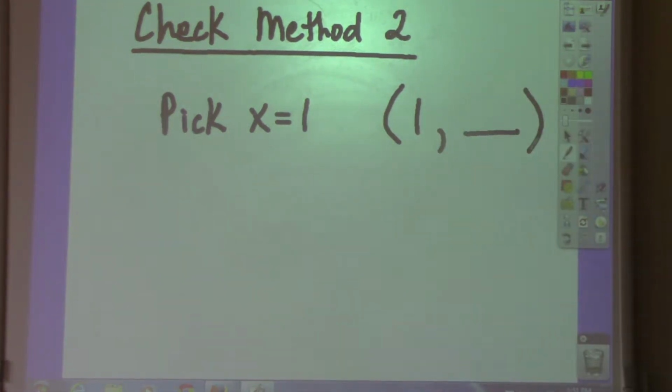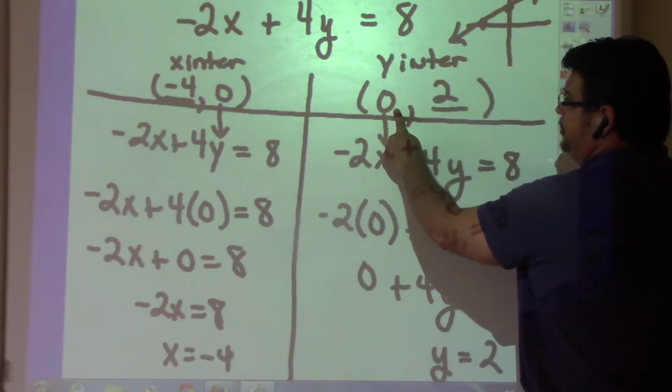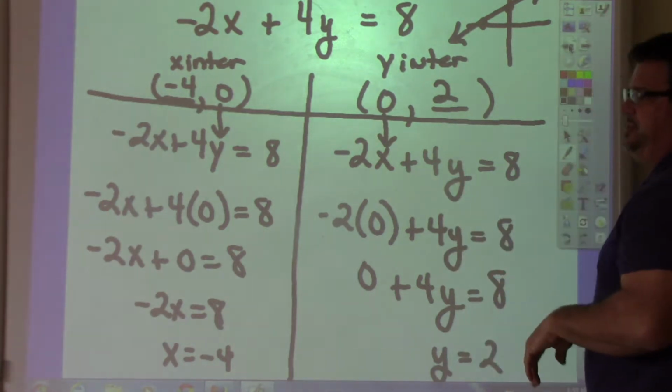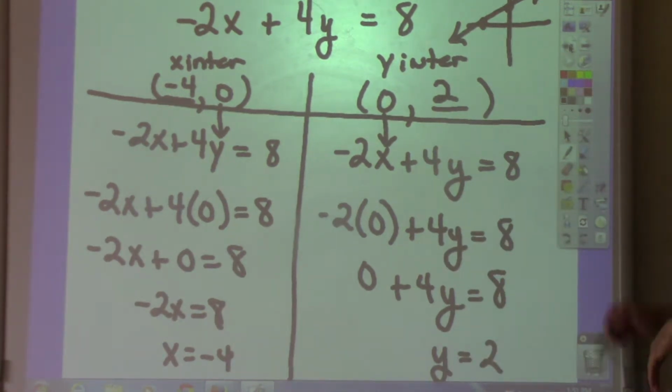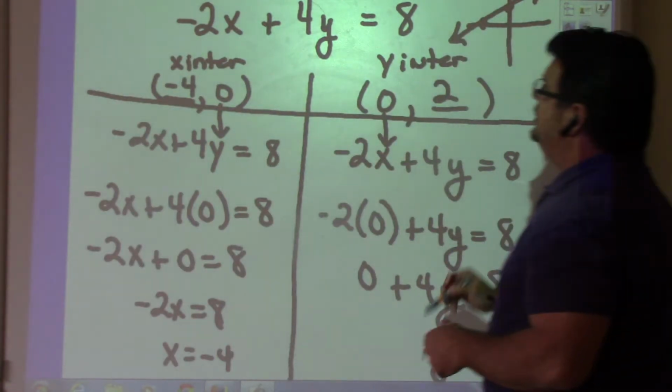Well, I can't pick x is equal to 0 because what? I've already used it. Where? Y-intercept here. That's right. So what's the only other number that's easier than 0 to deal with? 1. So I pick 1.